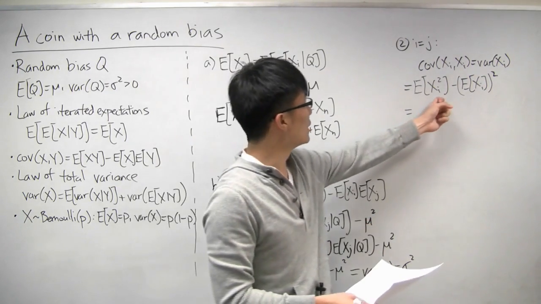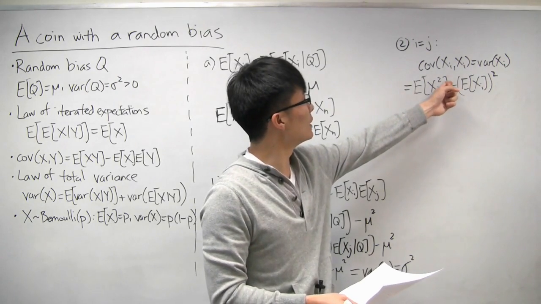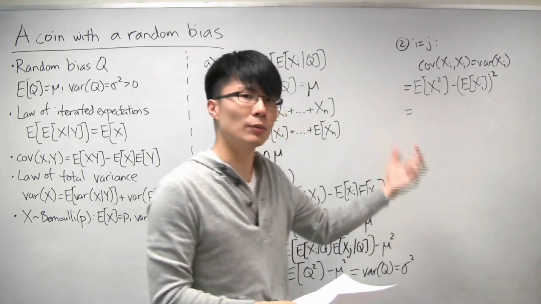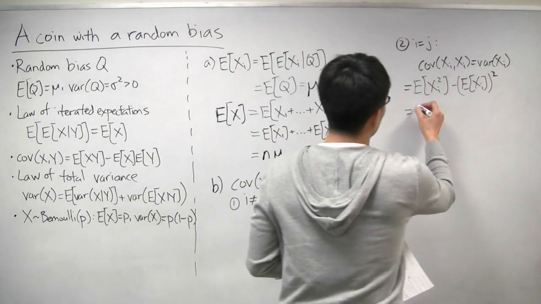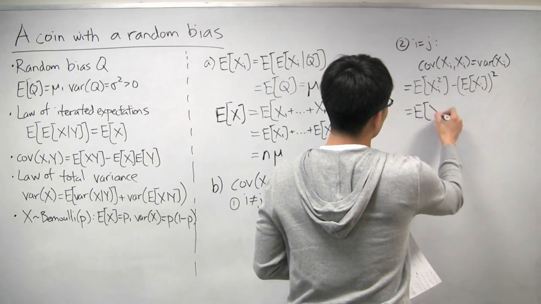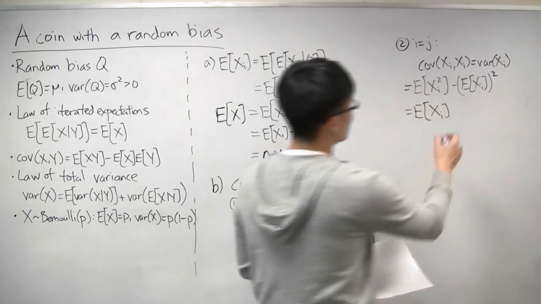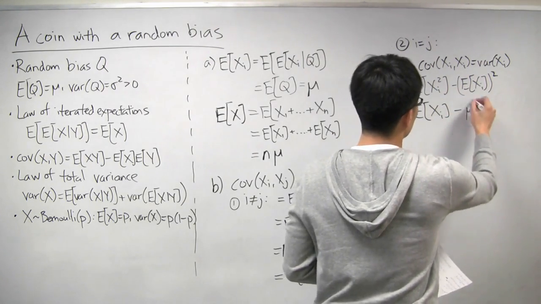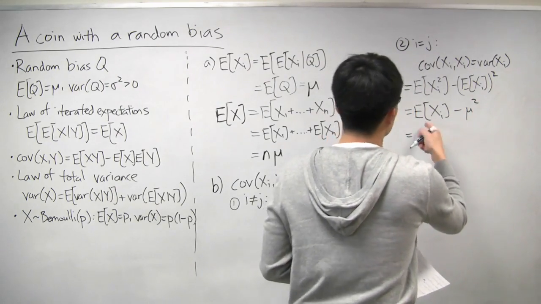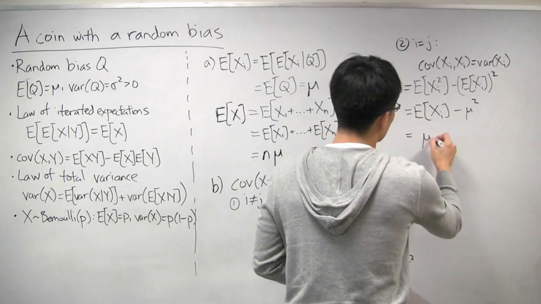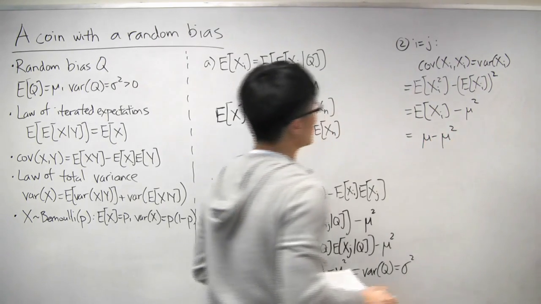So squaring it doesn't change anything. It's exactly the same as the original random variable. So the expectation of xi squared is exactly just the expectation of xi, which we said was mu. And the second part is just mu squared. So the answer is just mu minus mu squared.